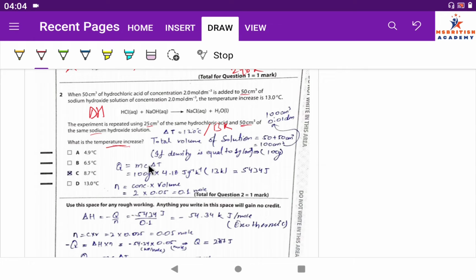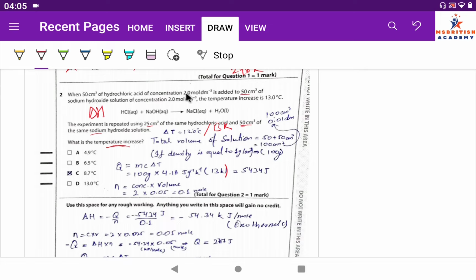Q is equal to m c delta T, where m is mass, c is specific heat capacity, which is 4.18 joules per gram per Kelvin, and this is delta T in Kelvin. After multiplying these numbers, we will get 5434 joules. Now we can find the number of moles by using concentration times volume.